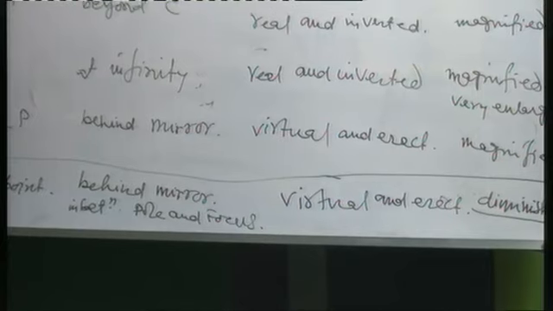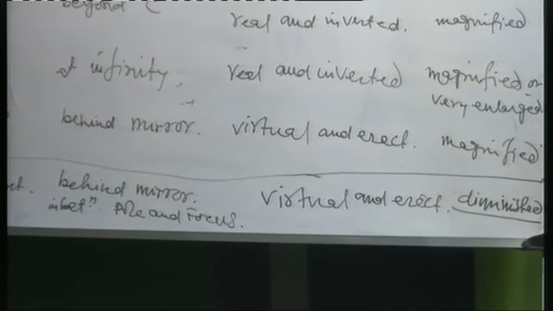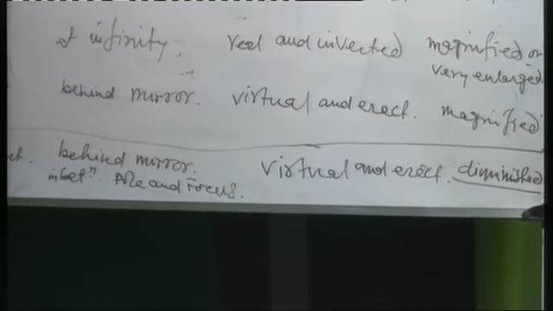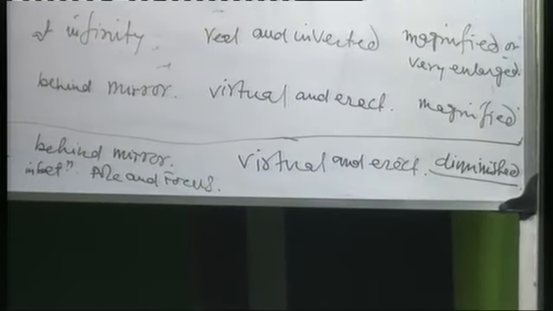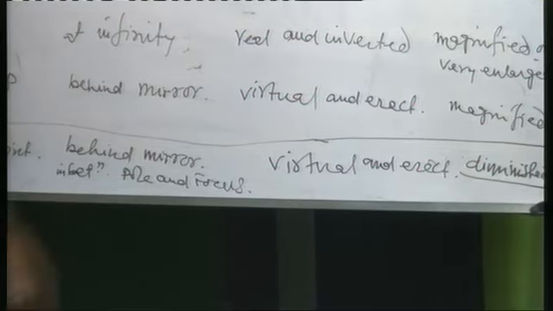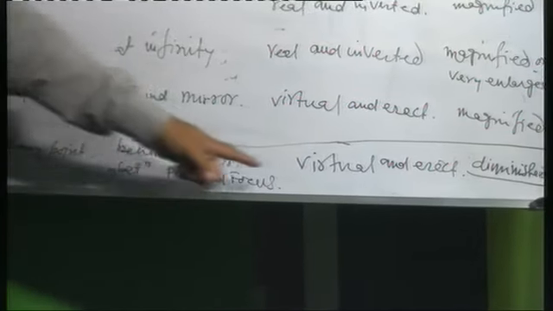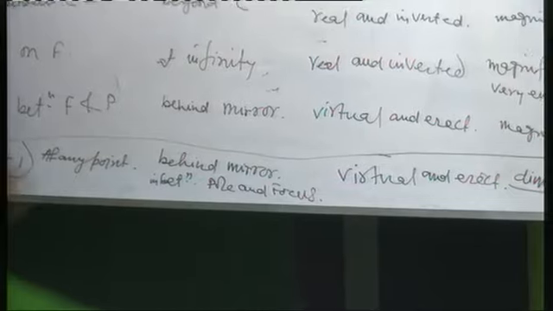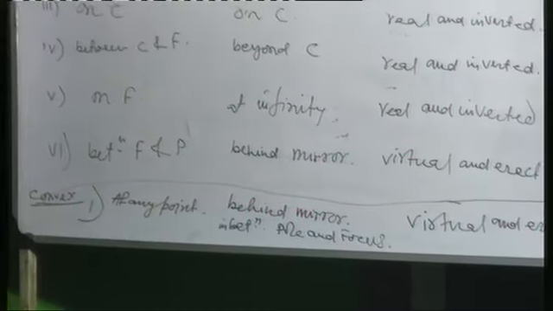So my dear student, you must remember it, at any point in front of the mirror means which type of mirror? The convex mirror. The image will form behind the mirror in between the pole and the focus, and the nature of the image will be virtual and erect, and the size will be diminished.